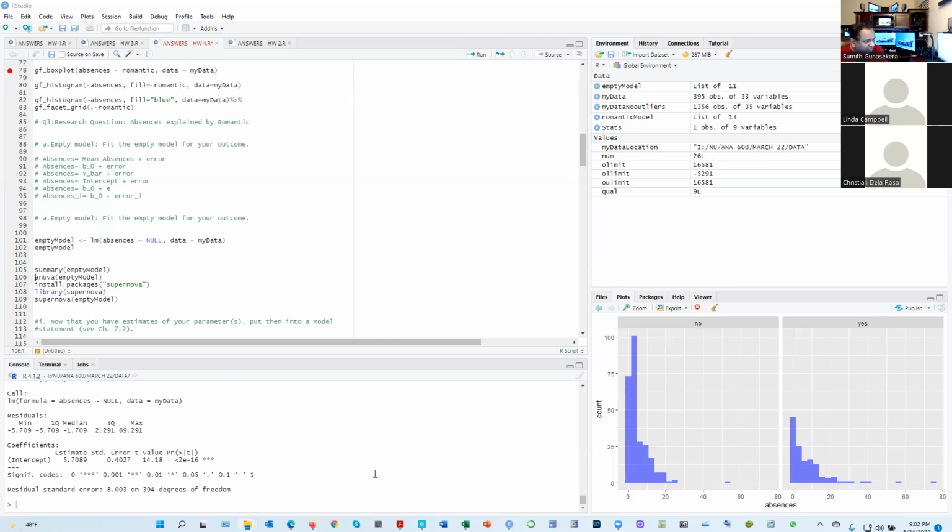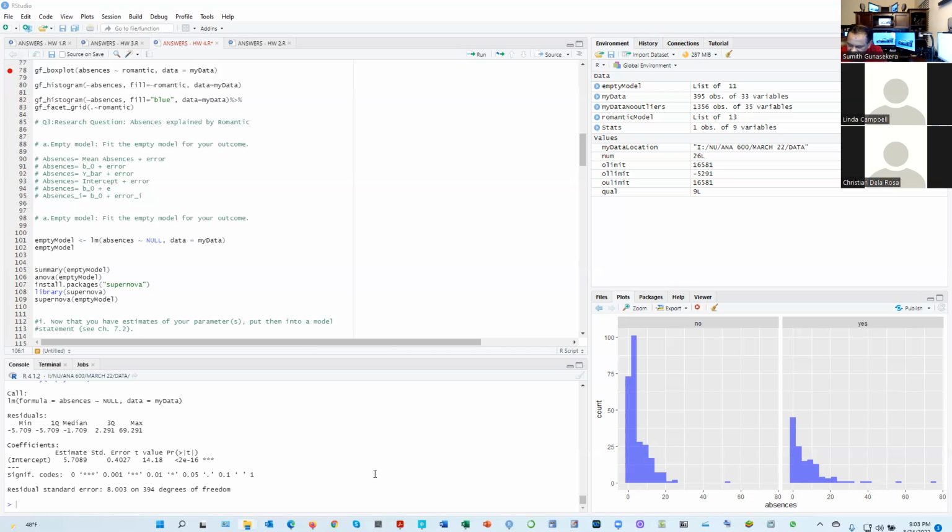The median is negative 1.709, the minimum is negative 5.709, and the maximum, which I'm mainly focusing on, is 69.291.